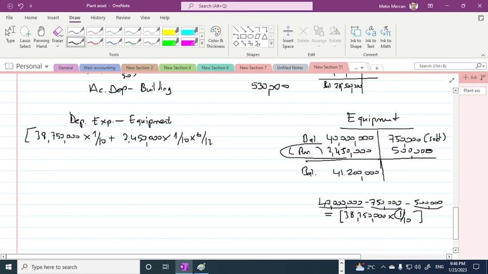From July 1 to December 31, 6 months. So if you do all this, as you see here, this is $3,875,000, and that will be $122,500. Okay.